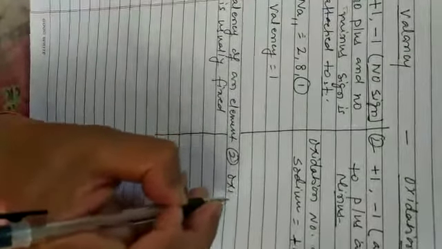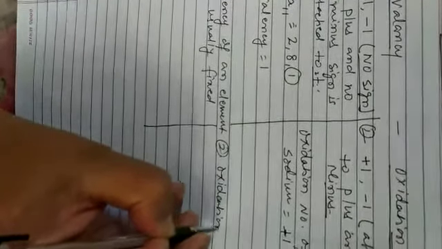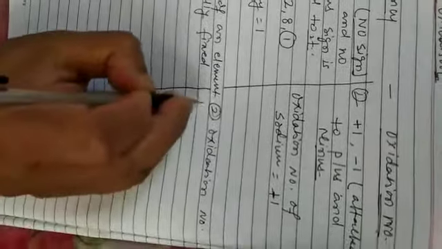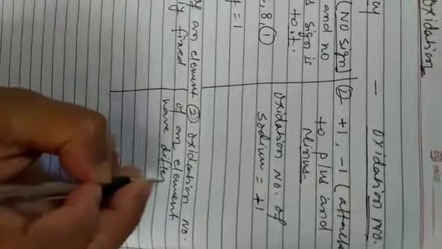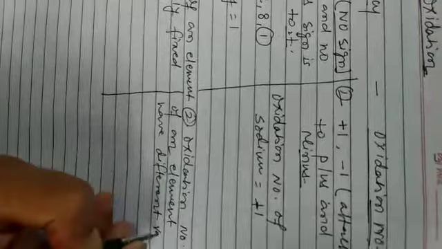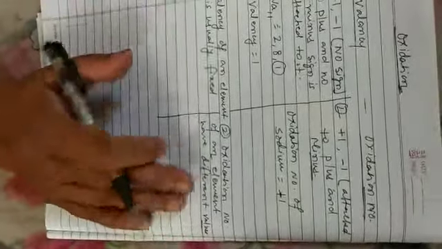The oxidation number of an element can have different values. So it may be 2, minus 2, 3, 4, something like this.